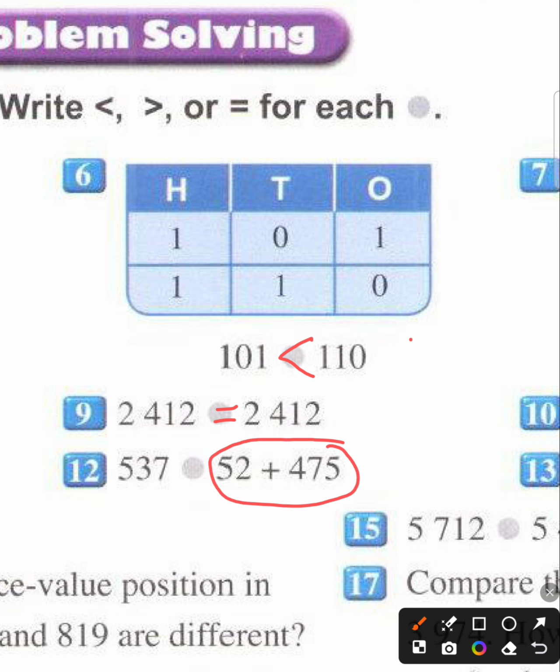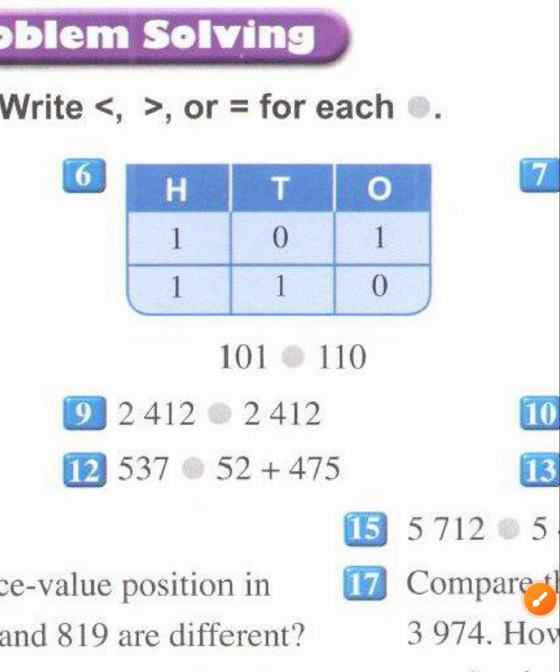It's 52 plus 475. 5 plus 2 is 7. 5 plus 7. 1 stays. 4 plus 1 is 5. It means this is bigger, greater than.